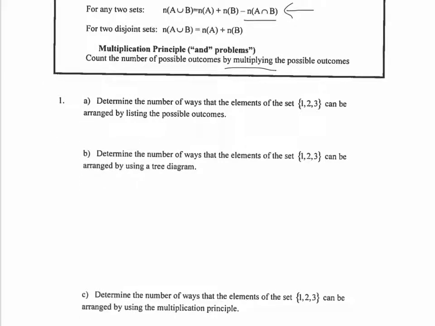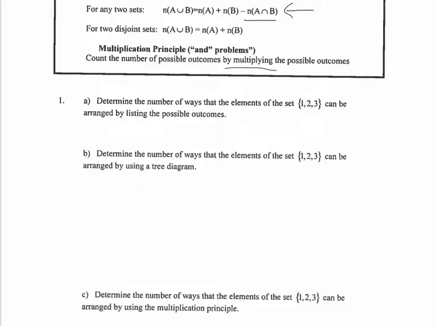Now, in order to figure out the number of ways that you could take the set of numbers 1, 2, 3 and show the possible outcomes, you would need to list the way that all of these could be arranged.